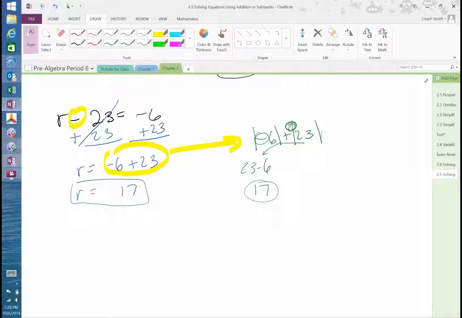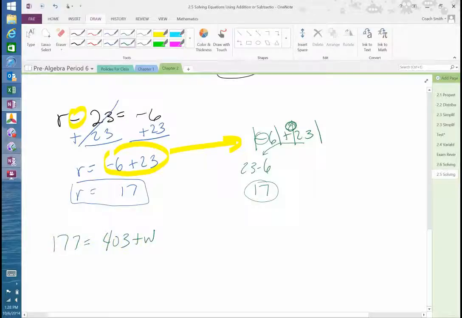All right? I'm going to give you this one. I want you to try it on your own. 177 equal 403 plus W. Okay? Just because there's larger numbers does not mean anything changed.